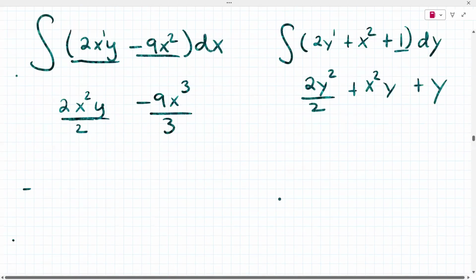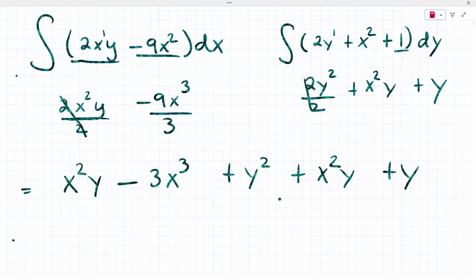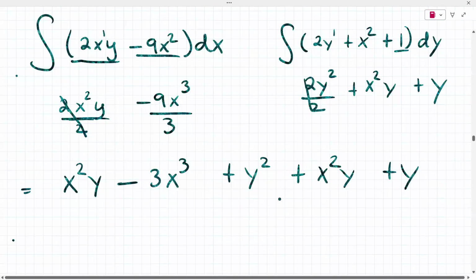Let's see if we can clean this up. So over here, the 2's cancel, so you're left with x squared y minus 9 over 3, which is 3x cubed. Over here, the 2's cancel, so you're left with y squared plus x squared y plus y. Now, do you see a repeating term?